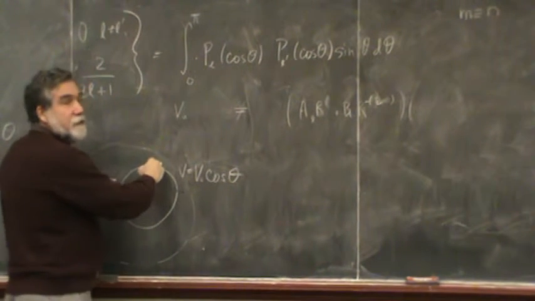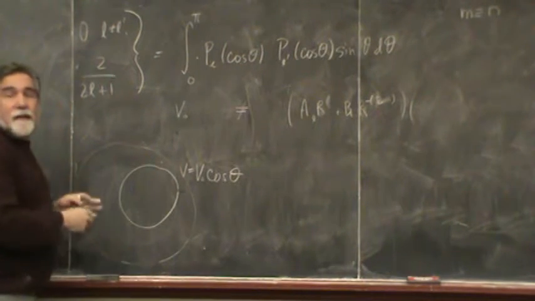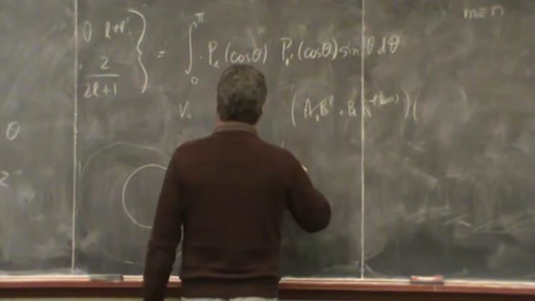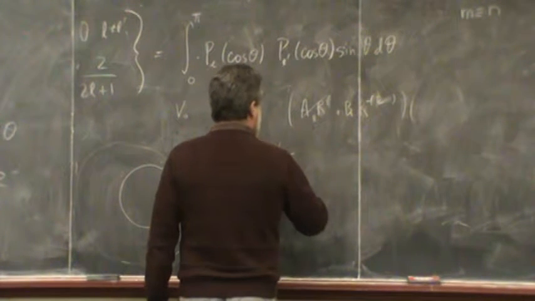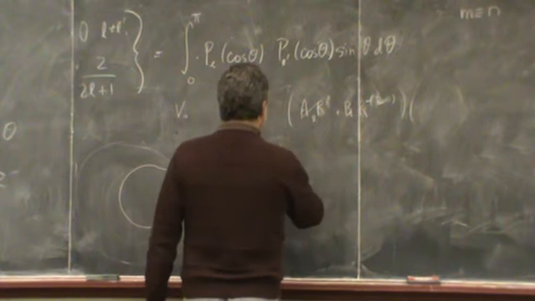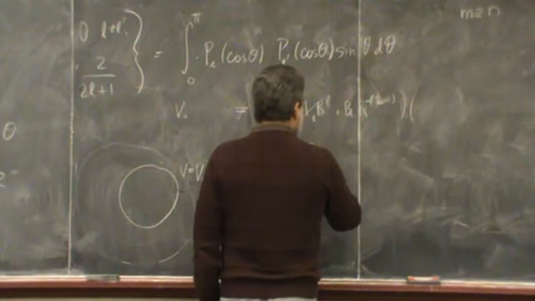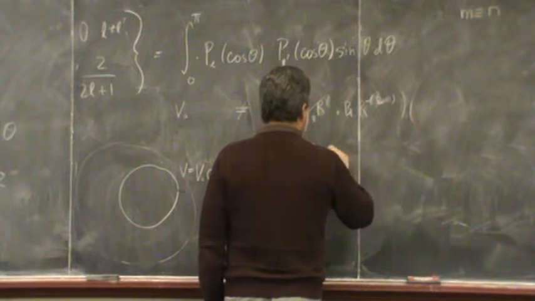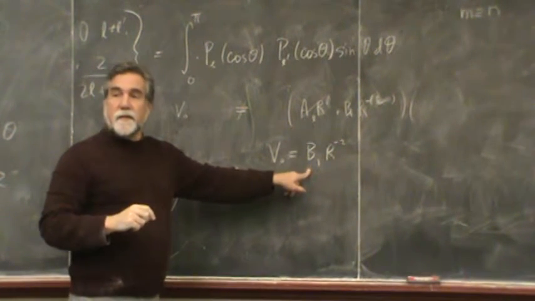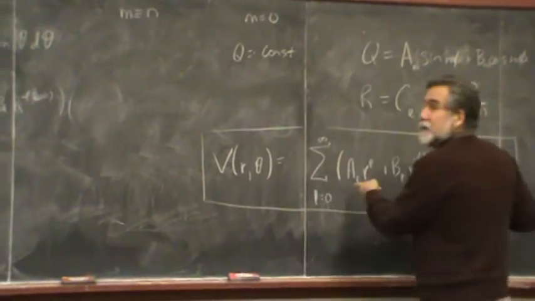If the region that I want to solve in is on the outside, then this term goes away, and I'll just write that V0 is equal to V1 R to the minus 2. So I know what V1 is. It's the only term that survives. I plug V1 in there, and that's what my solution looks like.